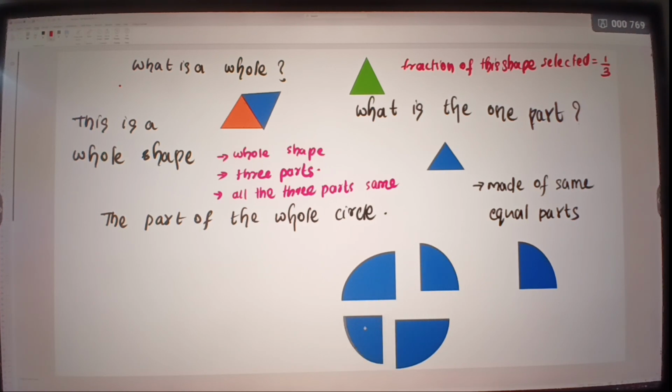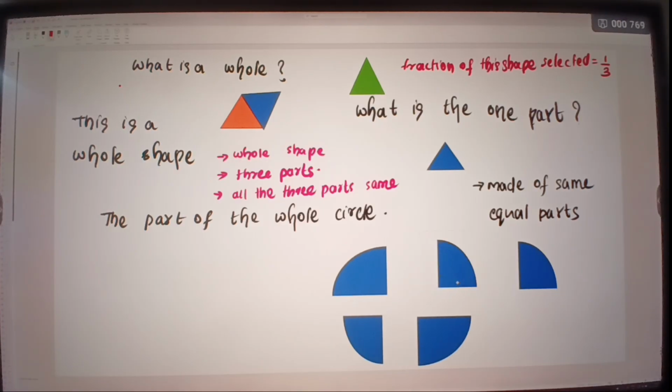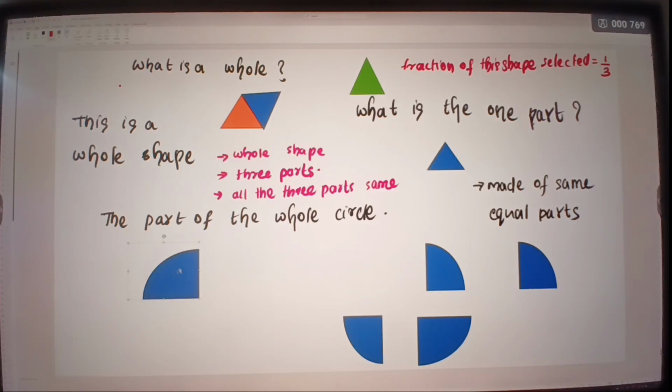Now consider a whole circle. This whole circle is made up of four parts. So it is a quarter, and I am selecting one of these parts. Out of the total four parts, I am selecting one part. So what is the fraction?